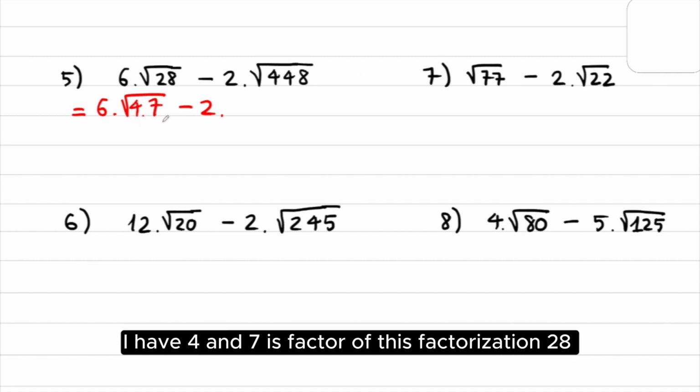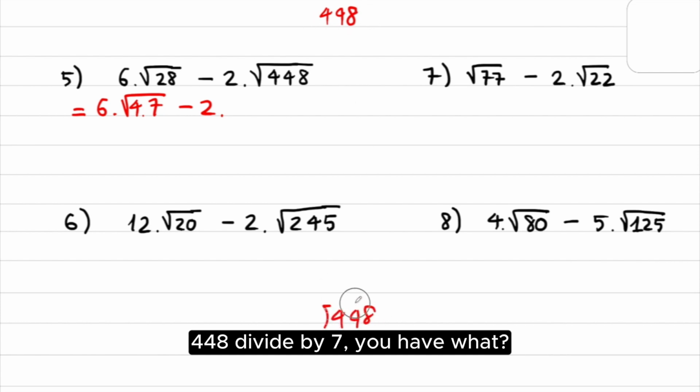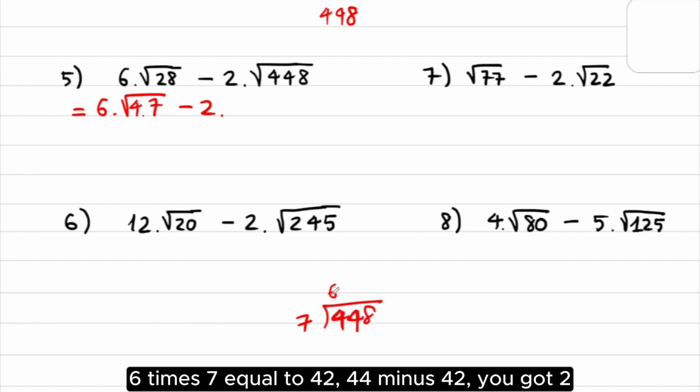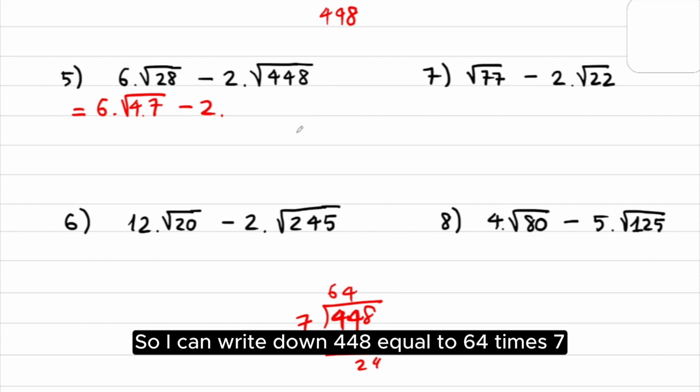I have 4 and 7 is a factor of this factorization 28. For 448 I will try divide by 7 first. 448 divided by 7, you have what? 64 here.